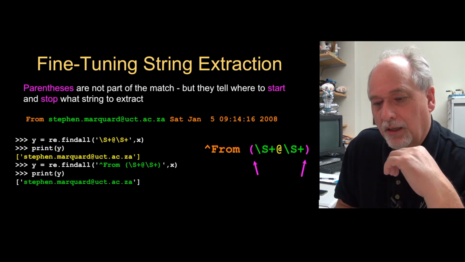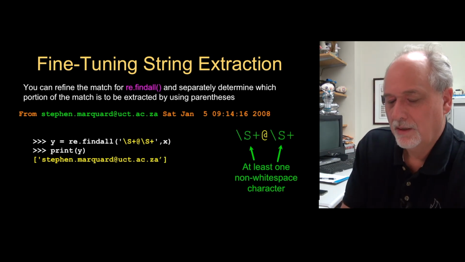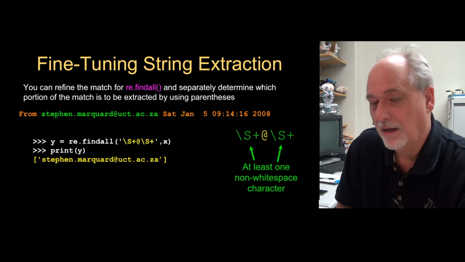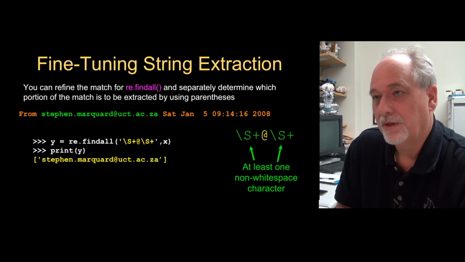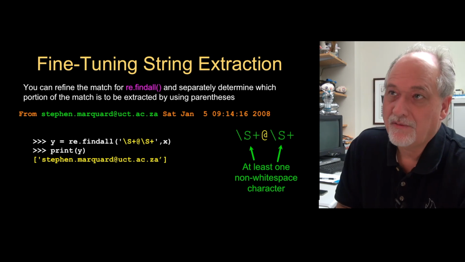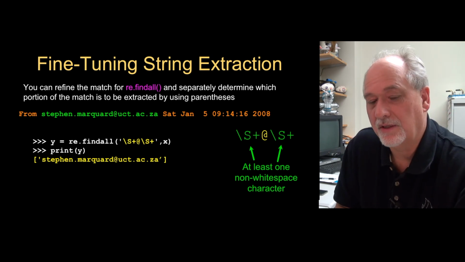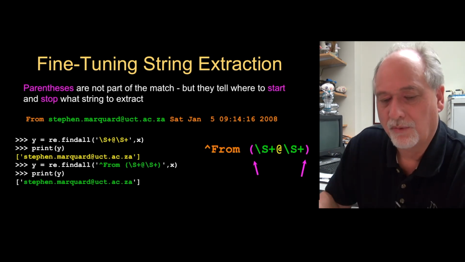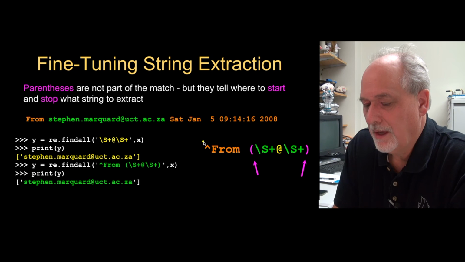Now, we get this whole thing, but what if that's not exactly what we wanted? We can give it a matching string that's different than the extracting string by adding parentheses. And so here's another example where we basically say, this is our string.